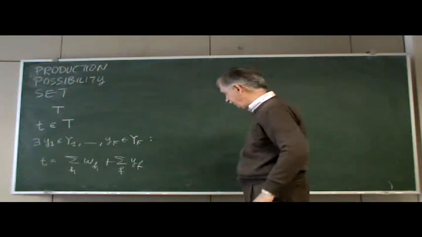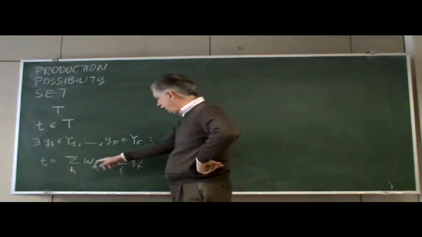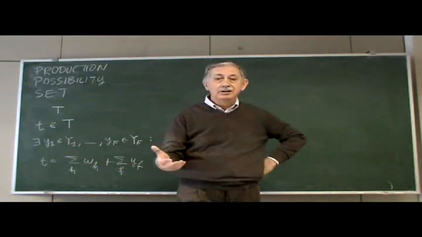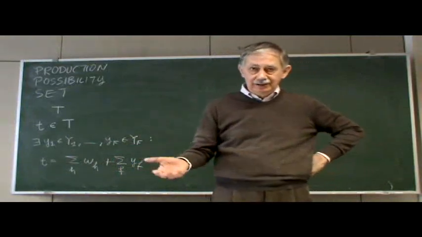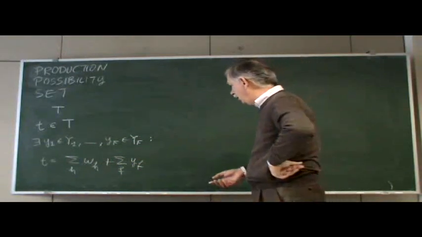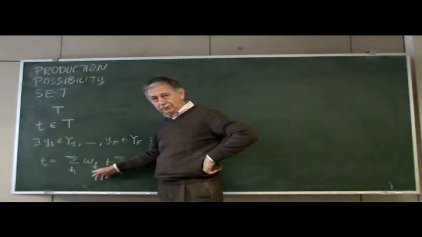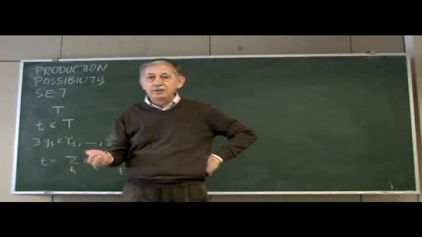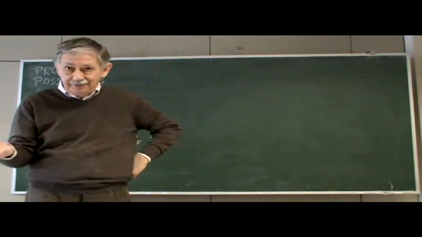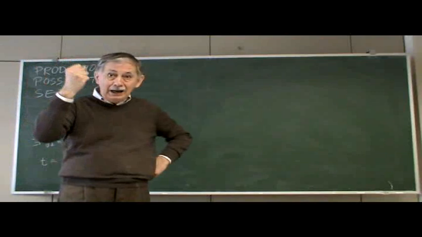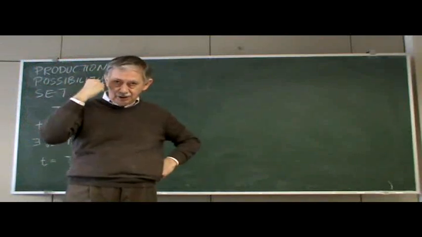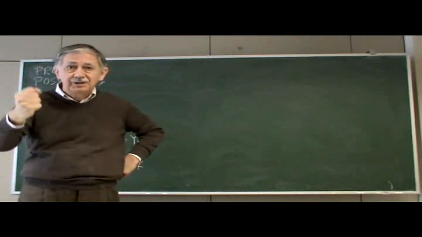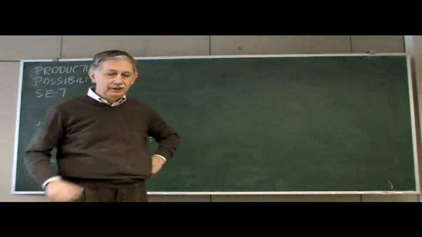Well, let us see. Initially, there is this total endowment of goods, the sum of the initial endowments of the different households. To these quantities of goods, we add the quantities of goods which are produced by the F firms, minus the quantities of goods which are employed by the F firms as production factors.